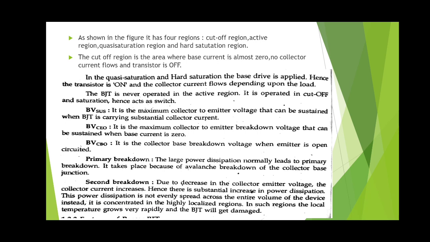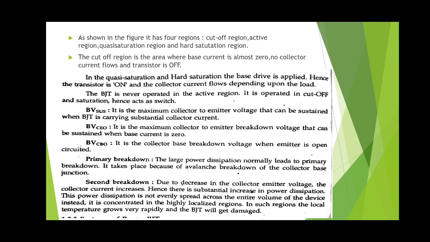So when the base is open circuited, the maximum collector to emitter breakdown voltage is called BVCEO, and BVCBO is the collector base breakdown voltage when the emitter is open circuited. So these are the definitions of some of the parameters.